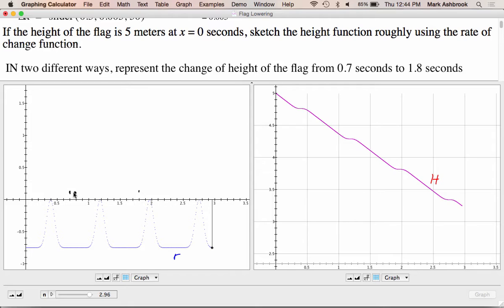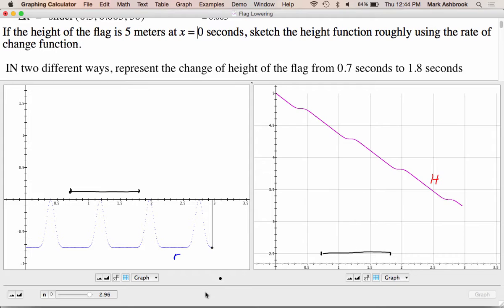So over this interval, this is no longer an estimate of the change in height. This is exact. So I want two expressions that give the exact change in height of the flag over that time interval.